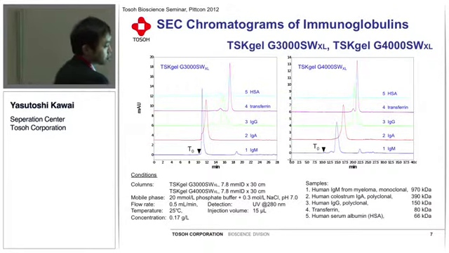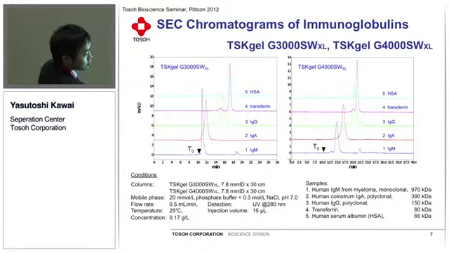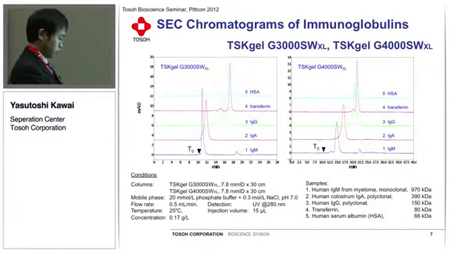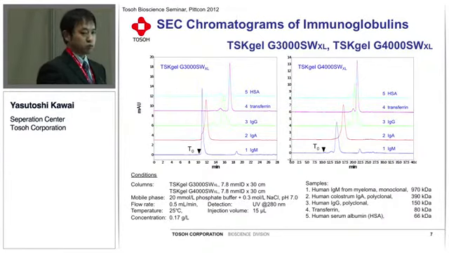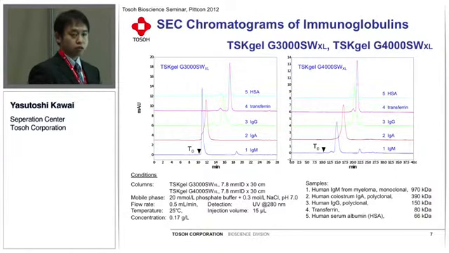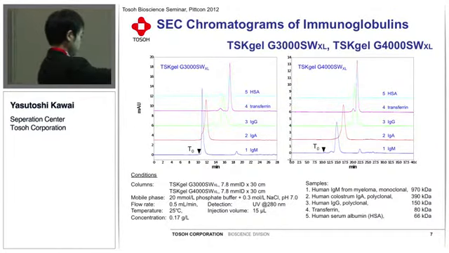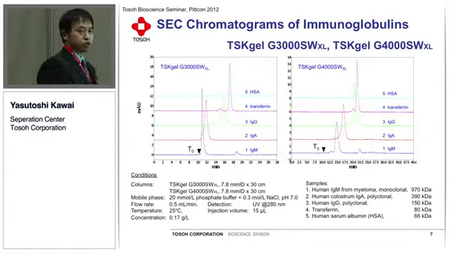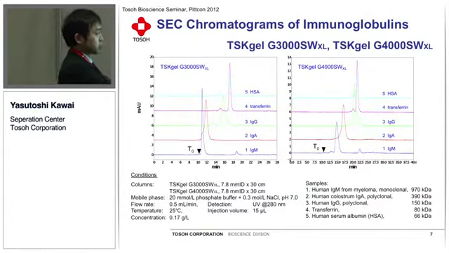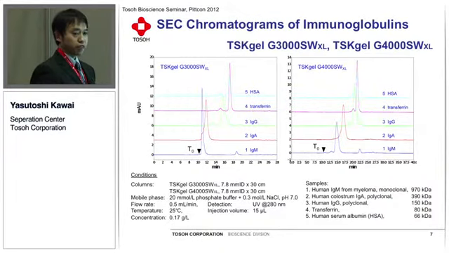Transferrin and number 5, human serum albumin, are not immunoglobulin, but they are other major components of human serum. This chromatogram was obtained with TSKgel G3000 SWXL. In most cases, G3000 SWXL provides good separation for most proteins.